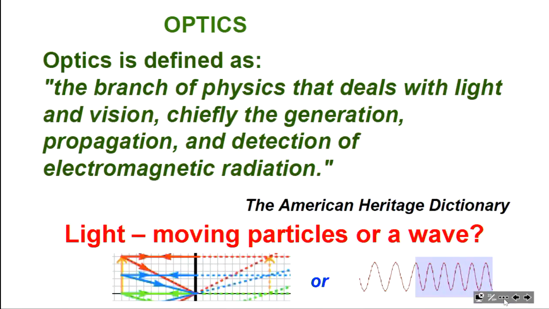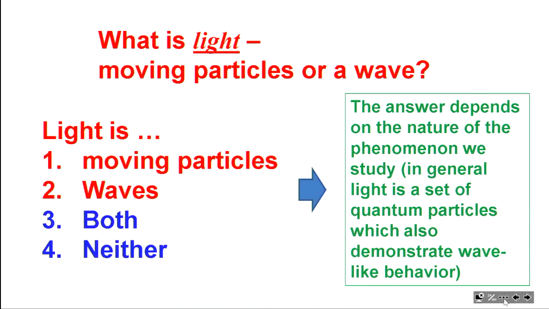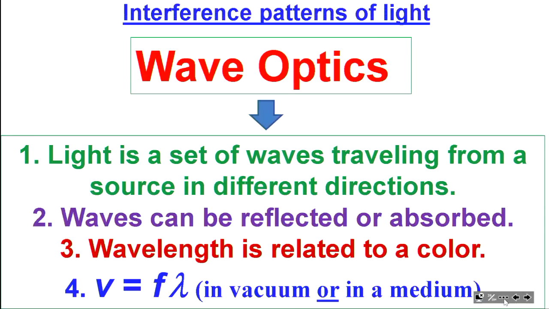Now, we also said that depending on the situation, to describe what's happening, we may think of light as a wave traveling away from a source. Some phenomena cannot be explained by the particle view. So we know that.